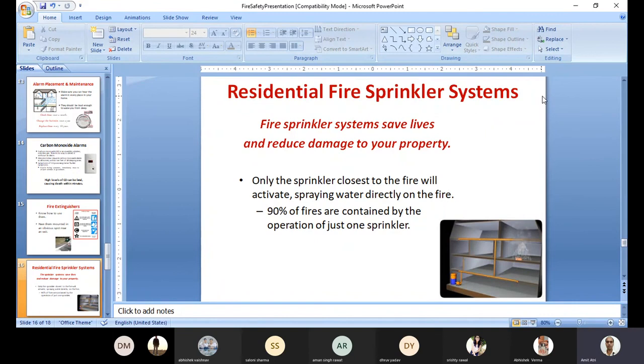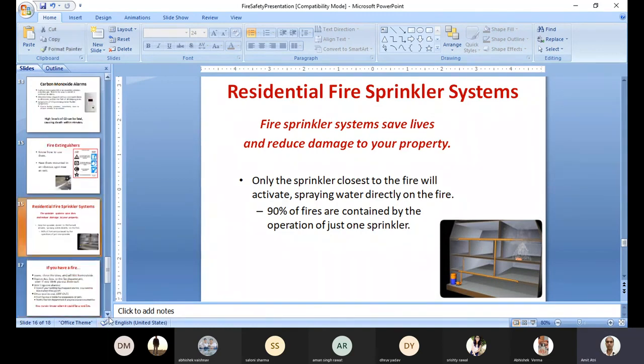Where there is a fire, at which floor, which room, which location, the sprinkler system securing that area should be activated, and activated at once. This is the safety measure to minimize the damage caused.